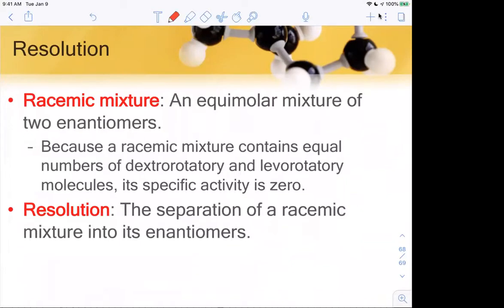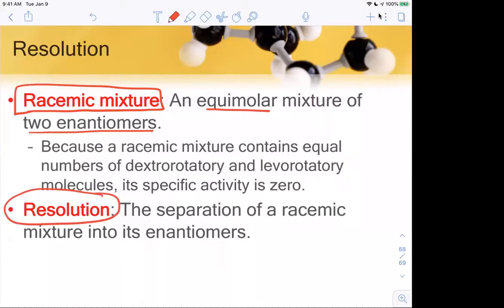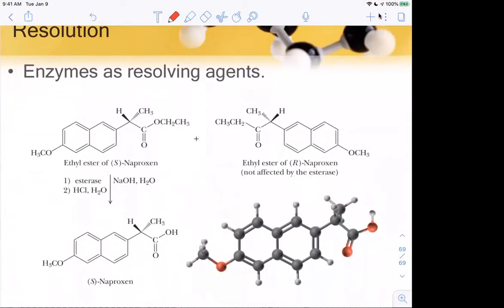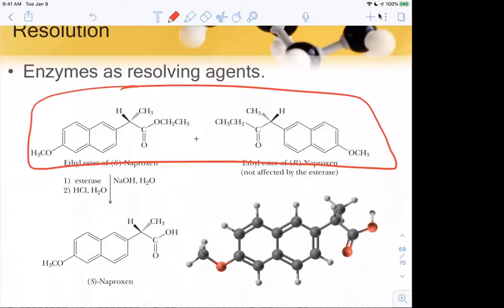So how do I get two enantiomers apart if I can only use one, like for producing a drug? Well, if I make the racemic mixture in the lab, which is that equimolar mixture of two enantiomers, I can actually resolve them, which is separation of this racemic mixture into enantiomers. In order to resolve, I'm going to put my achiral pair of enantiomers into a chiral environment.